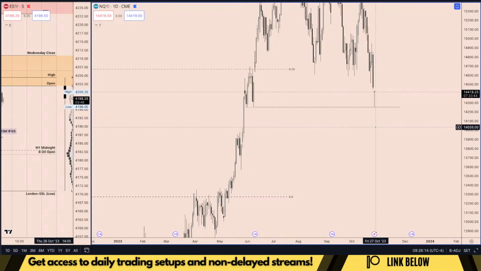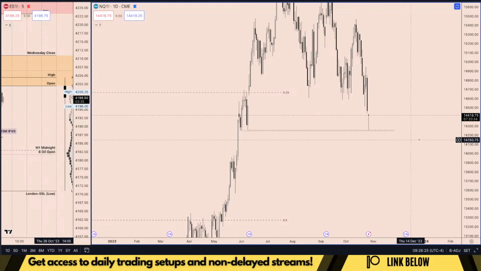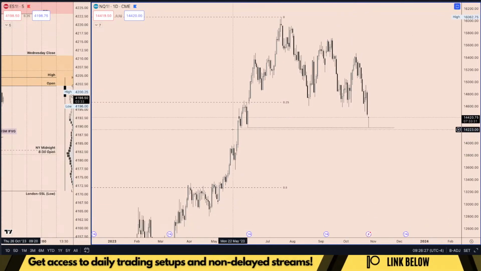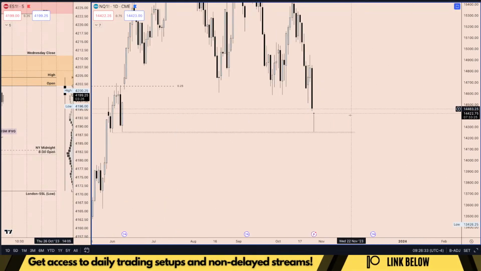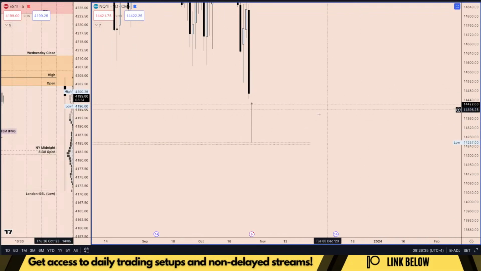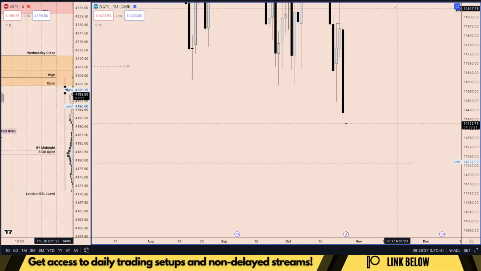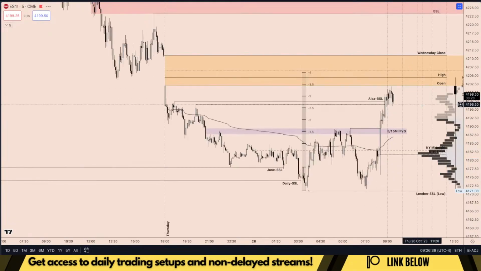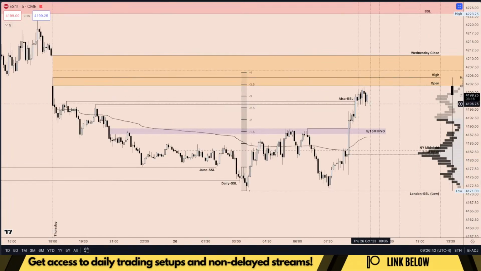I think over the mid to short term, NQ should take out this daily sell side liquidity from the previous contract. We will see. Not going to try to predict anything.